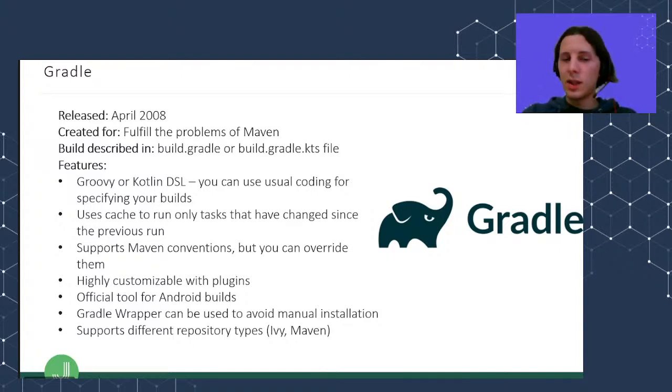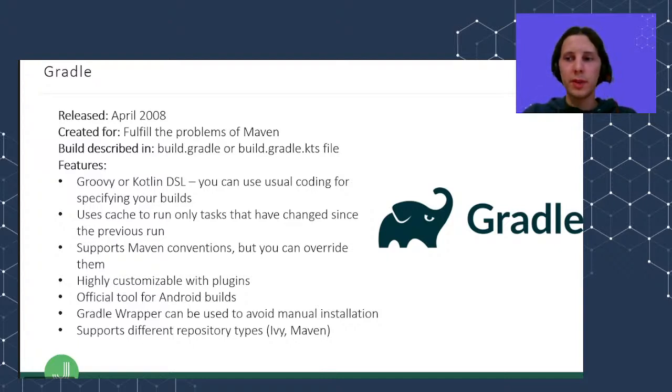Gradle has a lot of features. First, it's a Groovy or Kotlin DSL. Instead of writing XML, you can write normal code. Gradle uses a cache to run only tasks that have changed since the previous run, so it's often faster than Maven.